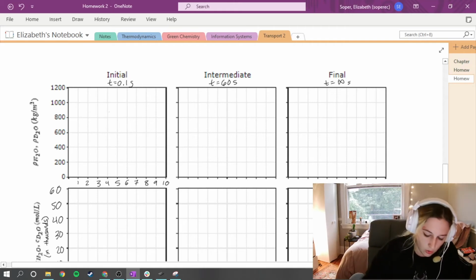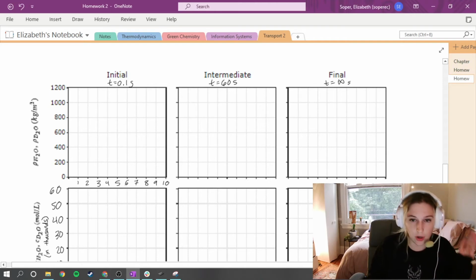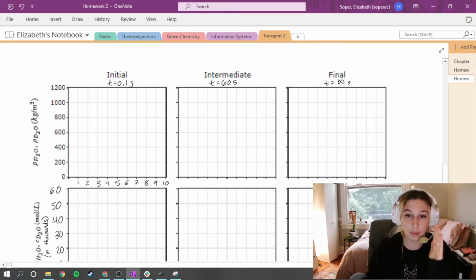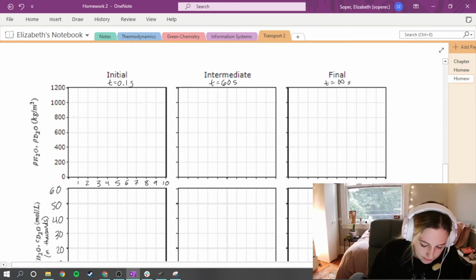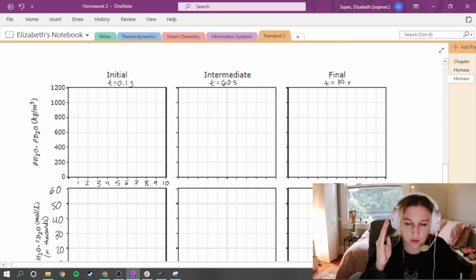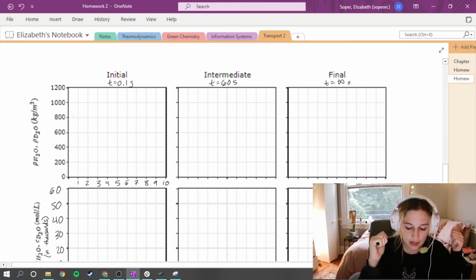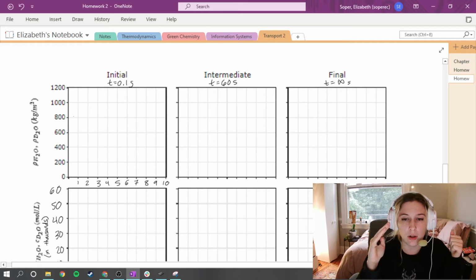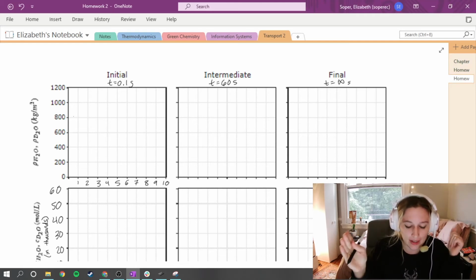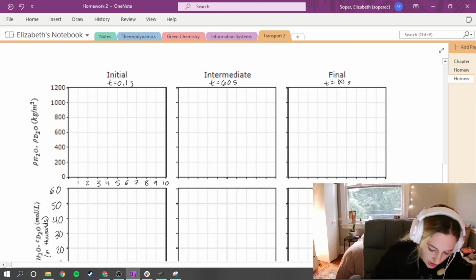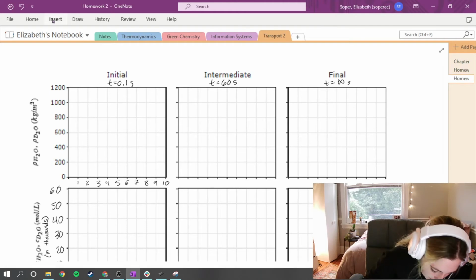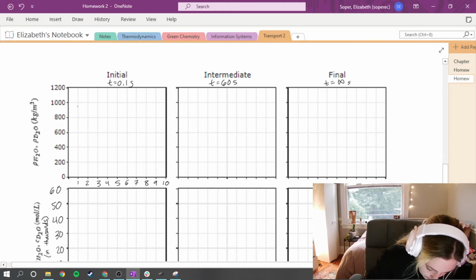Right at the point where the divider is removed, there is water on the left side from 0 centimeters to 5 centimeters, and then there's D2O on the right side from 5 centimeters to 10 centimeters. Here, I'll make H2O be blue.